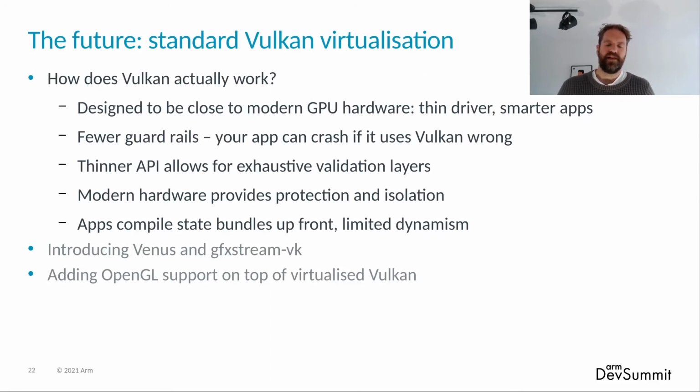But then the flip side to this is, because the API is so much thinner, we can do really extensive validation and checking of how we use the Vulkan API. And together with the protection and the isolation that modern hardware gives us, despite Vulkan being unsafe because it takes these sort of guardrails away, we believe it can actually be safer than GL, just because the driver is so known and so predictable.